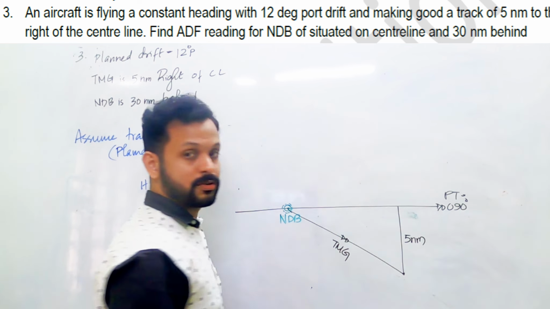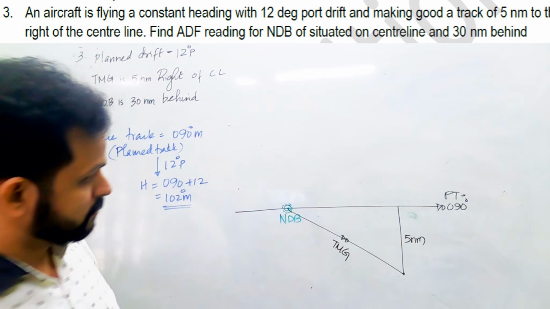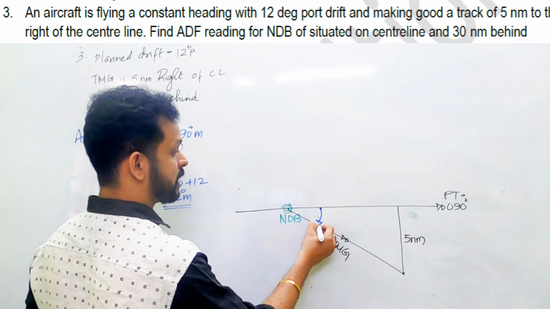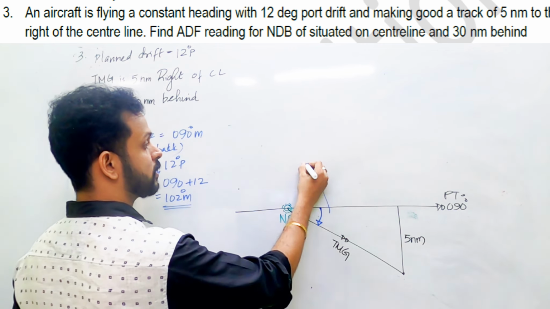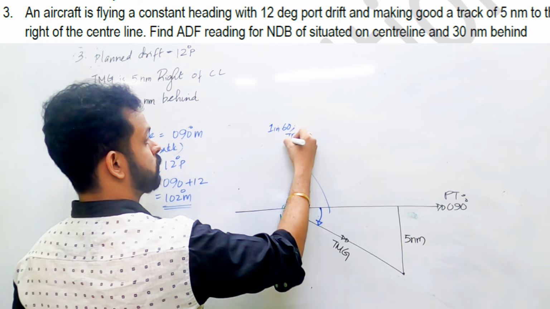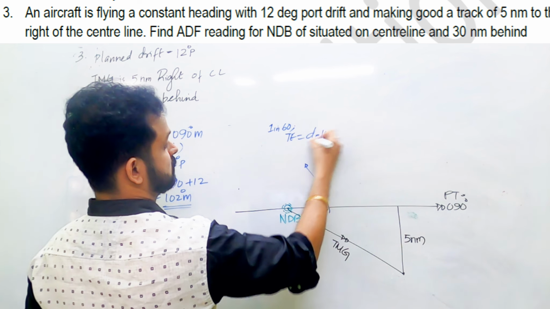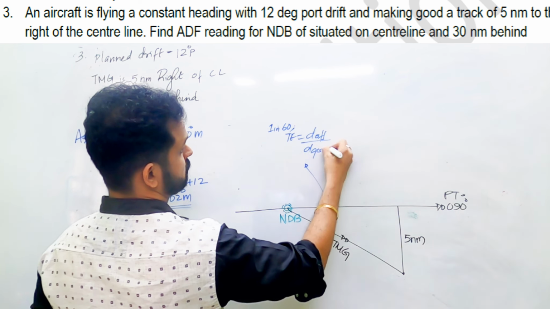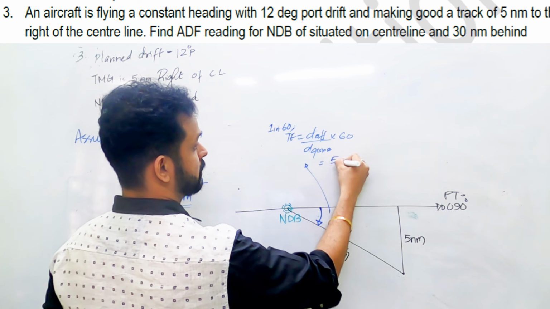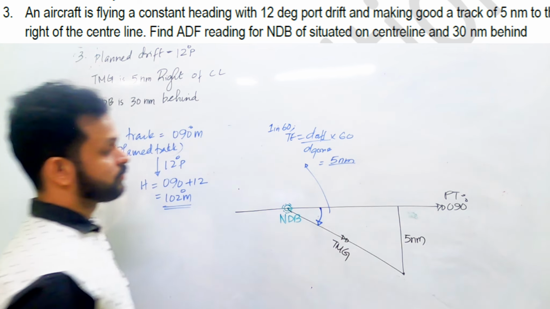Let's find the track error before we place the heading. Measure from the planned track towards track made good is track error. How will you find the track error? Distance off by distance gone into 60. What is distance off? Just 5 nautical miles. Distance gone is how much?